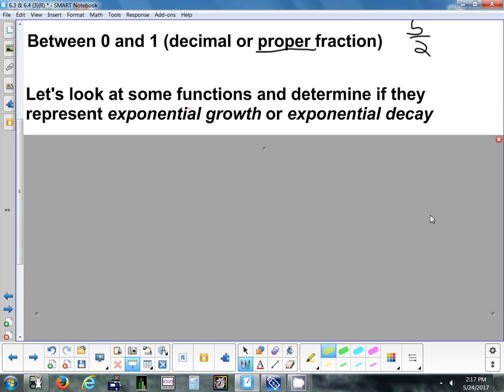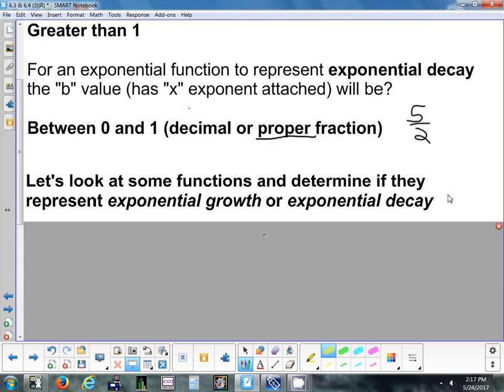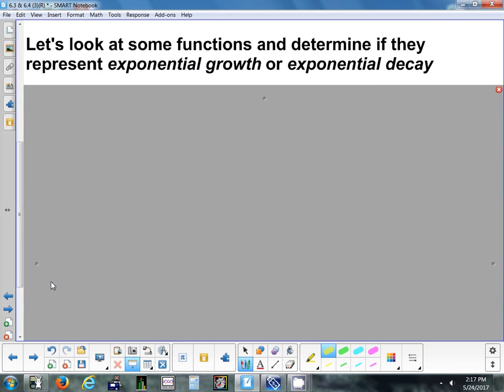What's it going to have with it? The x, right? For this, when I'm looking for my b value, what's going to be with it? The little x as the exponent. So all you're looking for is what has the little x as the exponent, the thing that's the power of x.